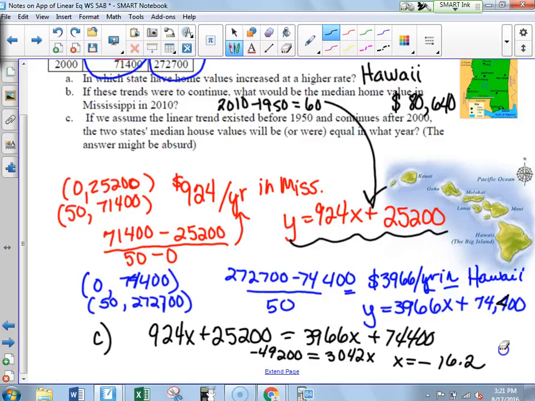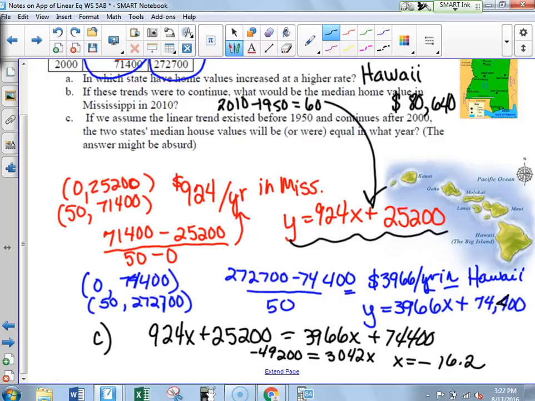Did you divide backwards? You got to put the negative 49,200 in your calculator first, and then divide it by the 3042. What does that even mean? It was 16.2 years before.